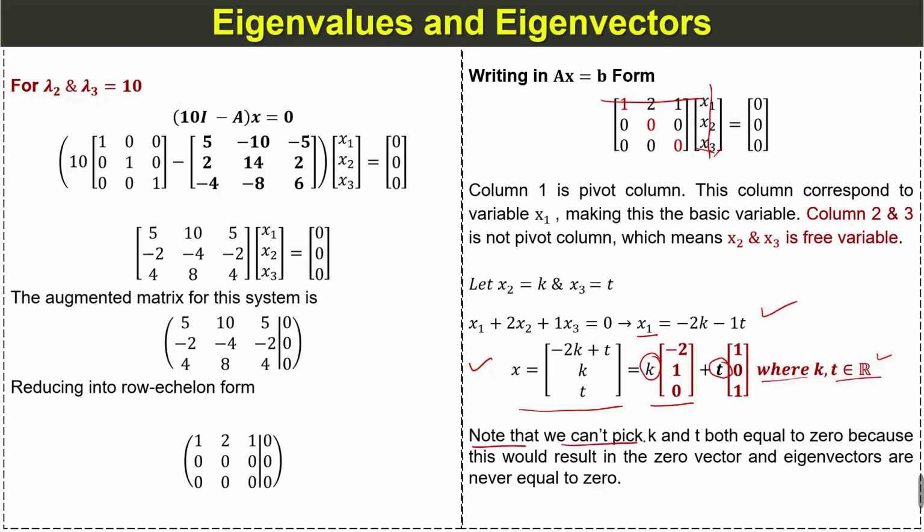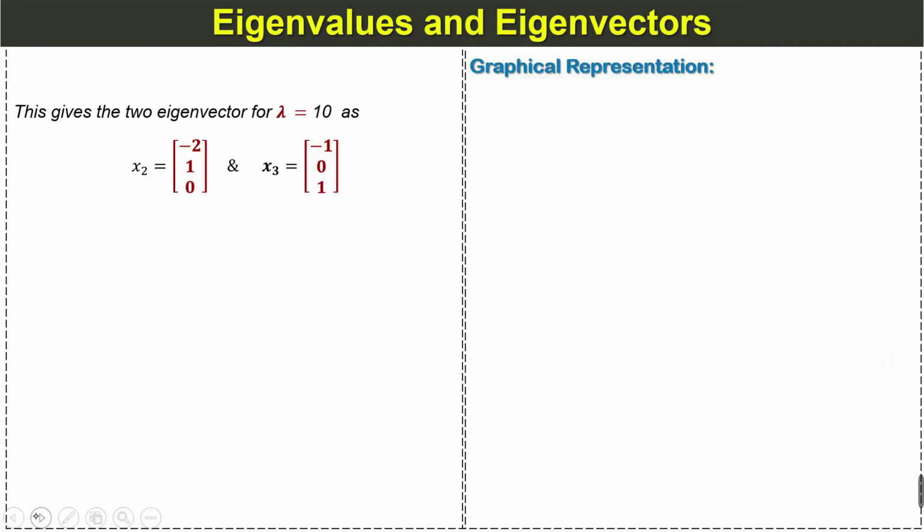Notice that we can't pick k and t both equal to 0, because this would result in the zero vector, and eigenvectors are never equal to 0. So this gives the two eigenvectors for lambda equal to 10, that is eigenvector x2 and eigenvector x3.